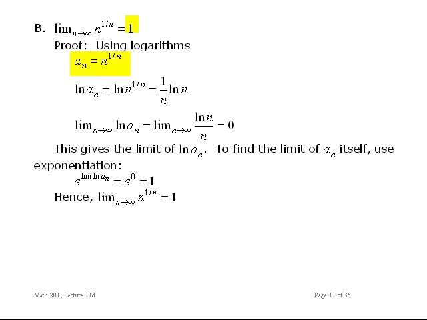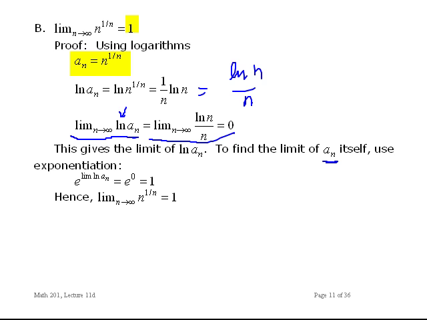So this is equal to, of course, natural log n over n, and we know its limit is 0. So by that result, we know that the limit as n goes to infinity of the natural log of a sub n is 0. But of course, we want to know the limit of a sub n itself. To find that, we use exponentiation.